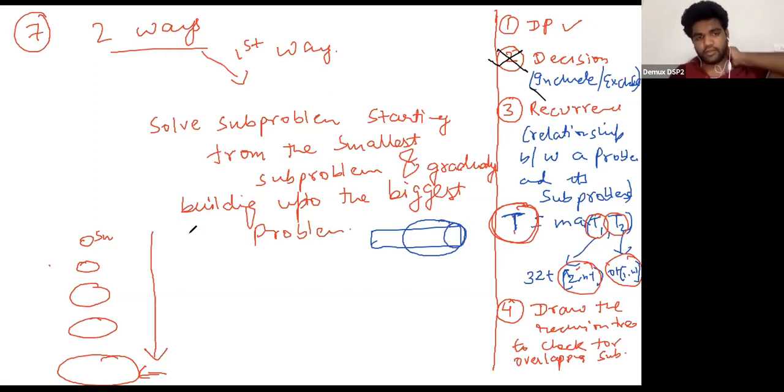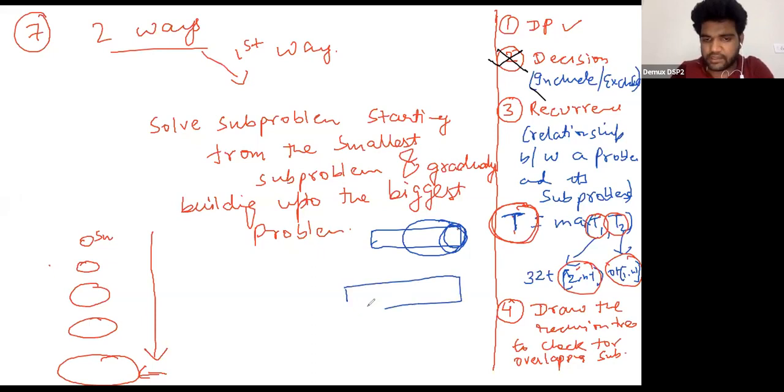Correct. So the order that I will follow is this. This is the entire array. This is the smallest subproblem.